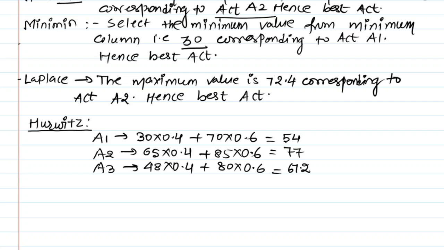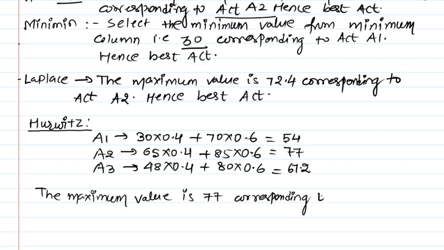So, let's write the statement. Maximum value is 77, corresponding to act A2, hence the best act.